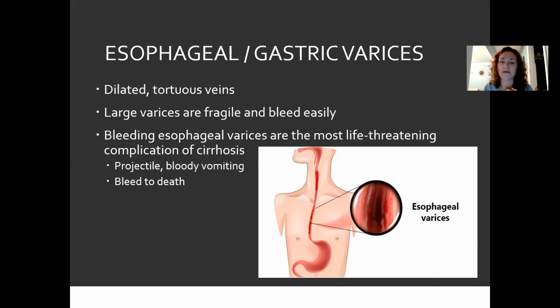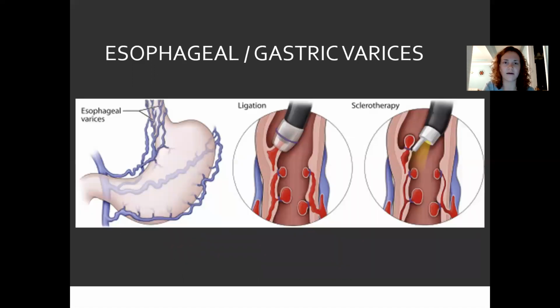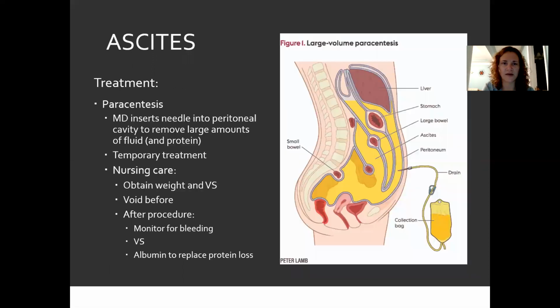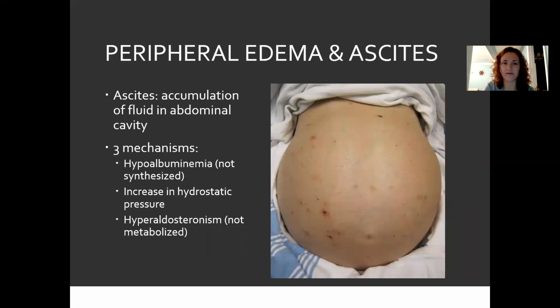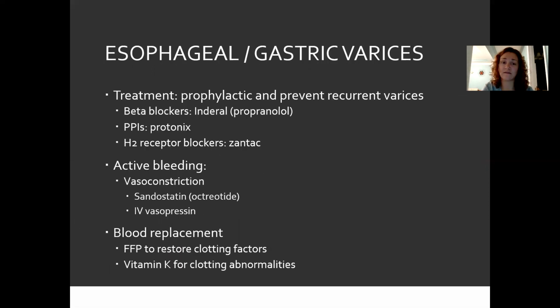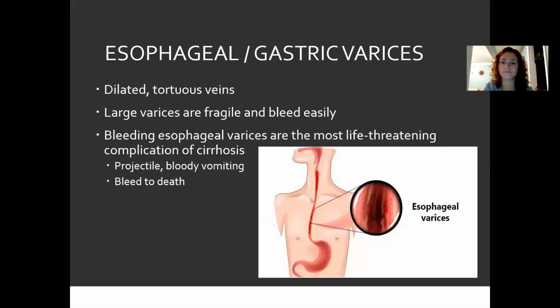So varicose veins can occur in the esophagus, called varices, and gastric varices. You can also get varicose veins in your lower extremities because you're having backflow.